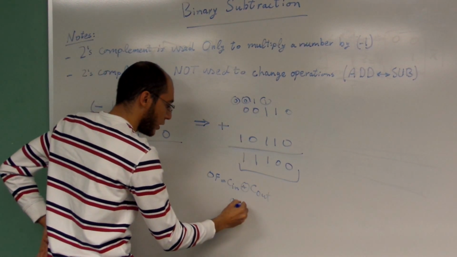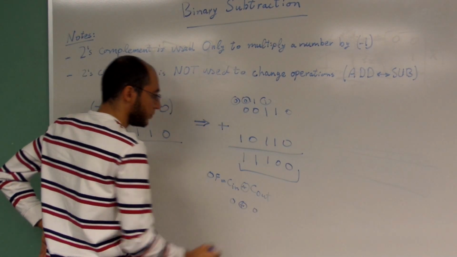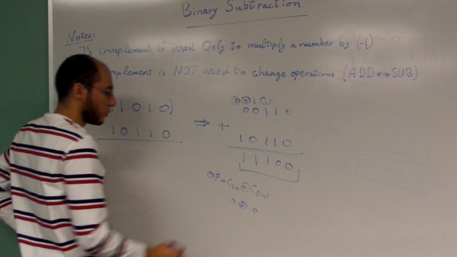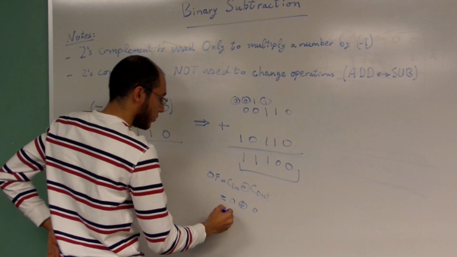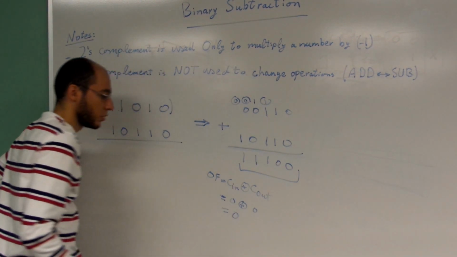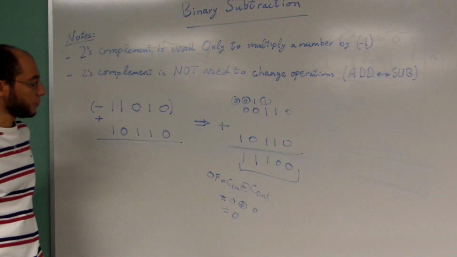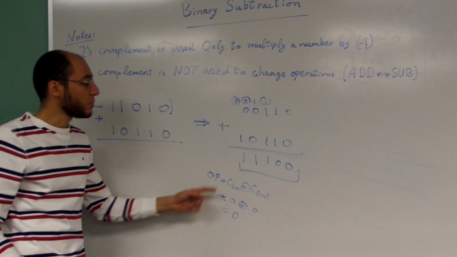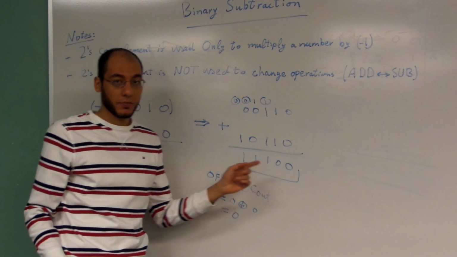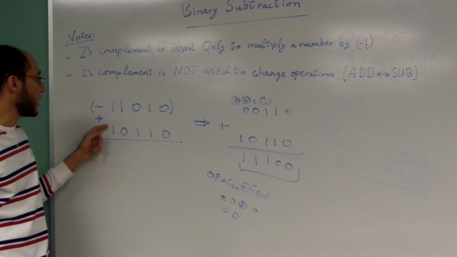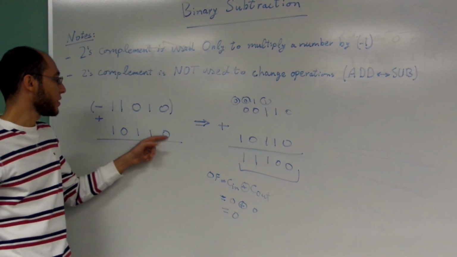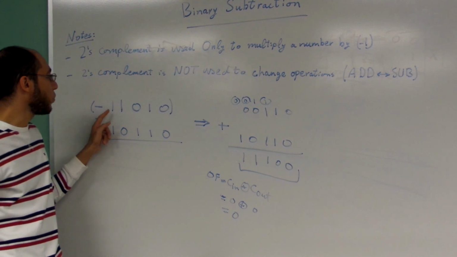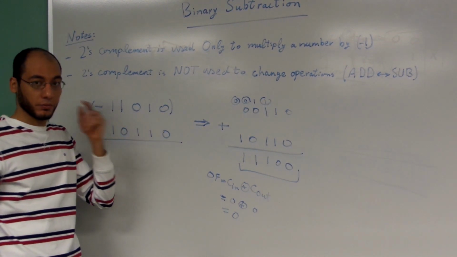So 0 XOR 0, which is equal to 0. So there is no overflow, which means that this number is meaningful. This number is really the addition of 1, 0, 1, 1, 0 to the negative of 1, 1, 0, 1, 0.